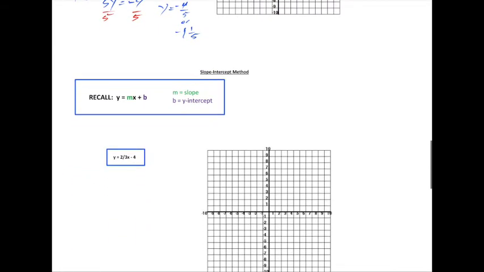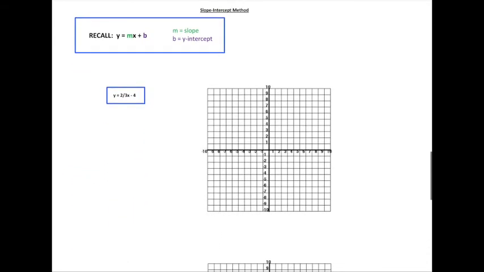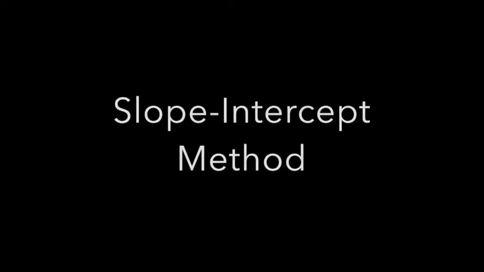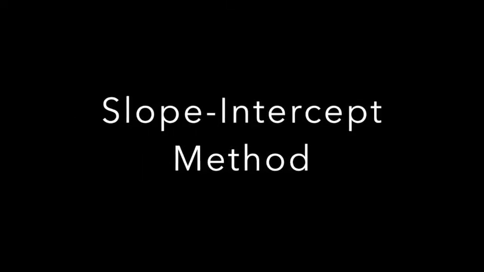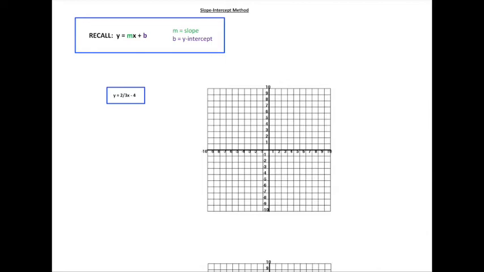The last method we're going to talk about is the slope-intercept method. With the slope-intercept method, you recall if your equation is in the form y equals mx plus b, the m is our slope and our b is our y-intercept.